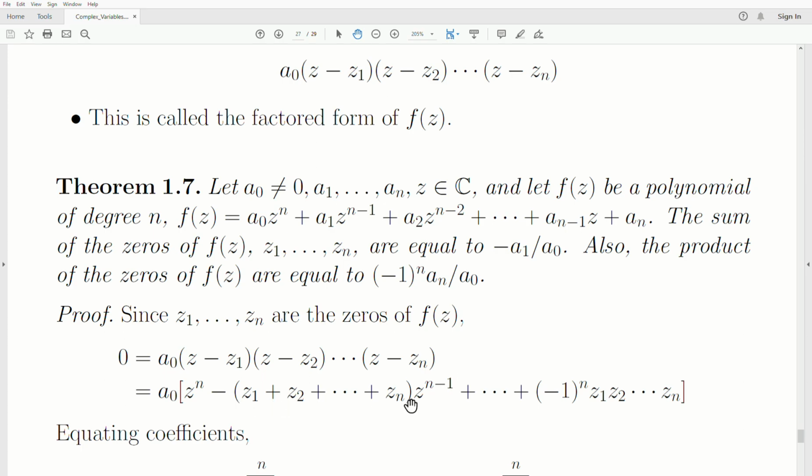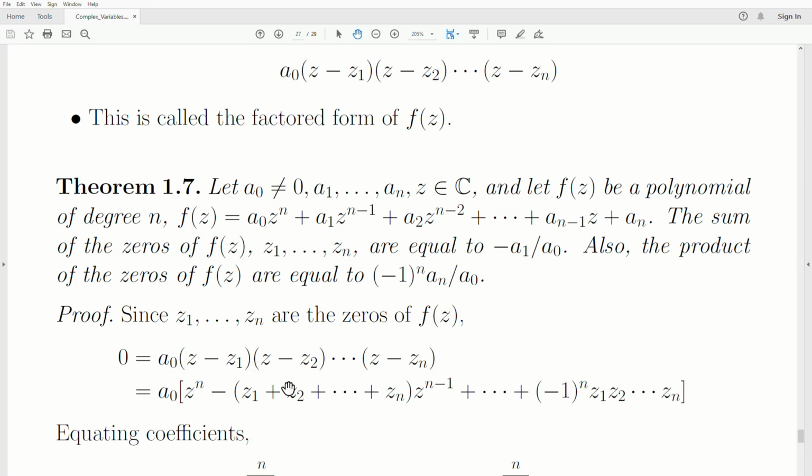I'll let you do the math there, but go through it at least once, maybe look at a third degree polynomial, then a fourth degree polynomial, and prove it to yourself. And then if we multiply all the last terms, we get the product of these zeros, but we don't know if it's positive or negative because it depends upon whether n is even or odd. So that's why we have minus 1 to the nth power.